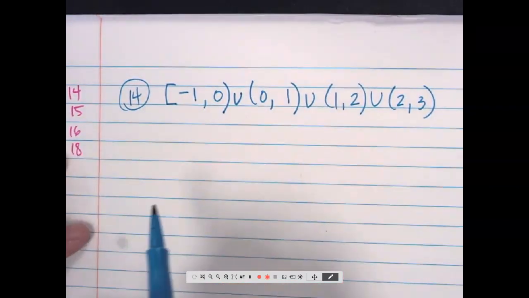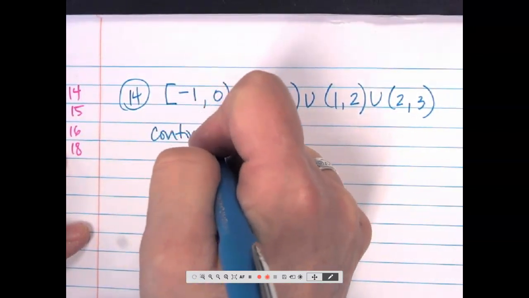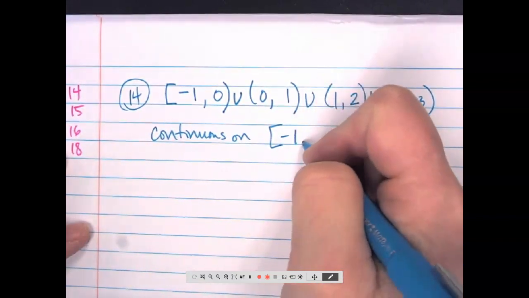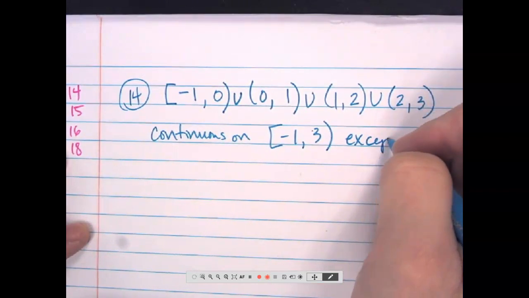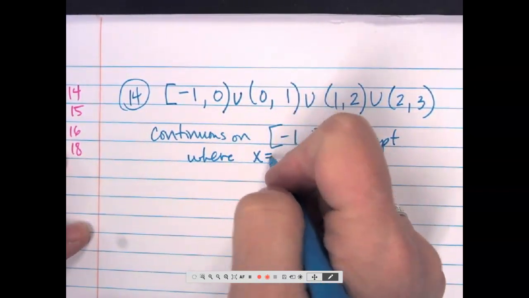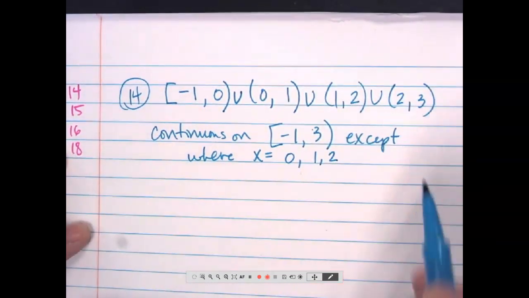So that's one way. Or you could say continuous on the interval -1 to 3, except where x equals 0, 1, and 2.